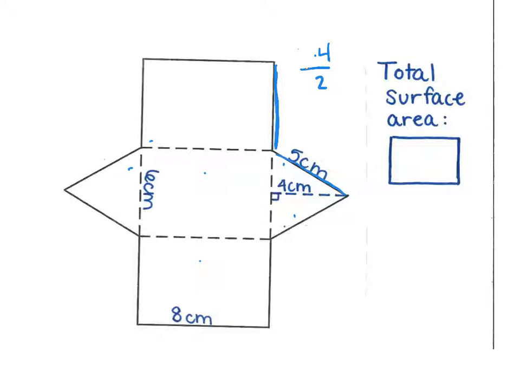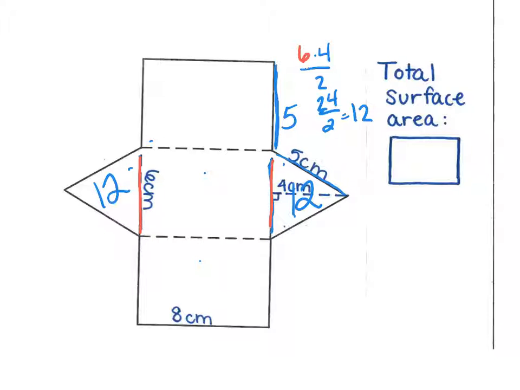So this length right here is 5. But the base of the triangle is this, which is this one. We make them red so you can see it. So it should be 6. Okay, so 6 times 4 is 24. 24 divided by 2 is 12. So the area of this piece is 12, and the area of that piece is 12.